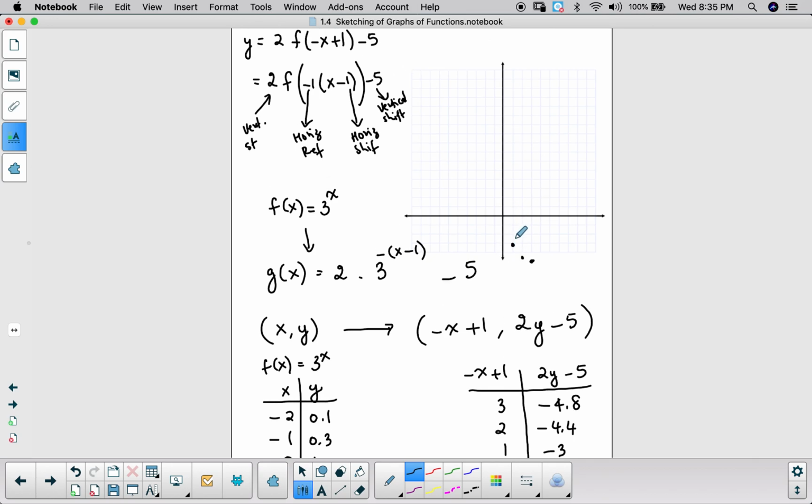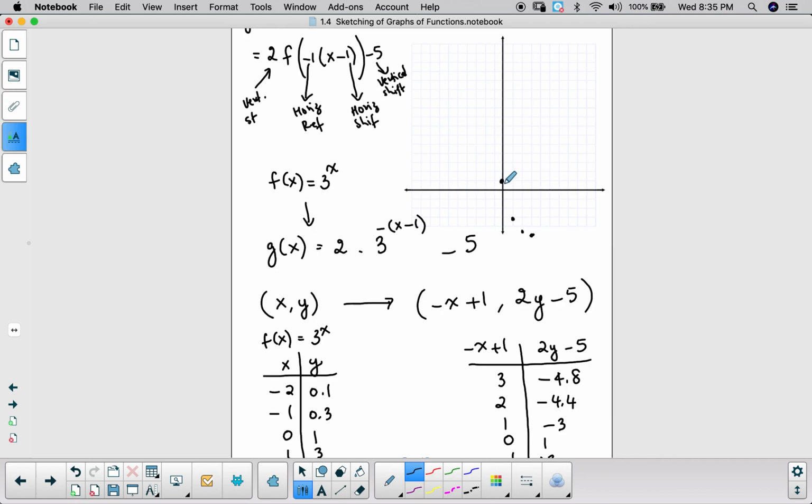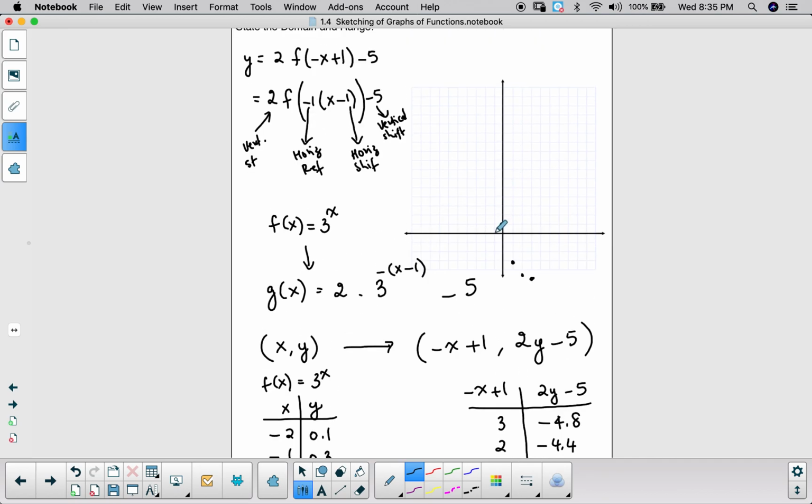Just plotting those points. There you have -1 and 13.